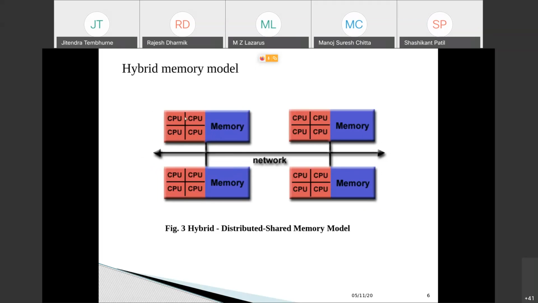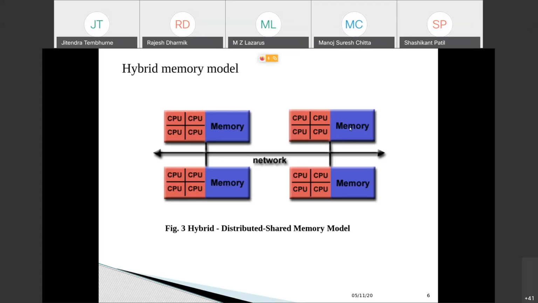There may be a machine which has 4 CPUs, 10 CPUs, another machine which has 2 CPUs, 20 CPUs, and so on, and they will have their own memory and they are connected. So this gives a feel of every machine having its own memory, and if you look closely at one machine, then it is shared. But independently, when we see, it is a distributed memory model.